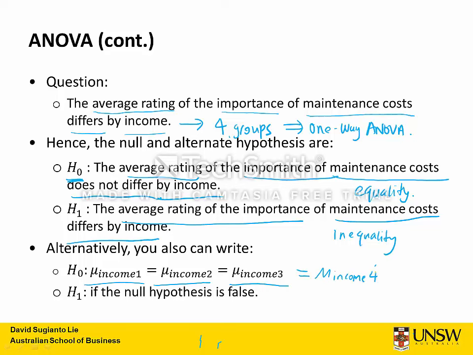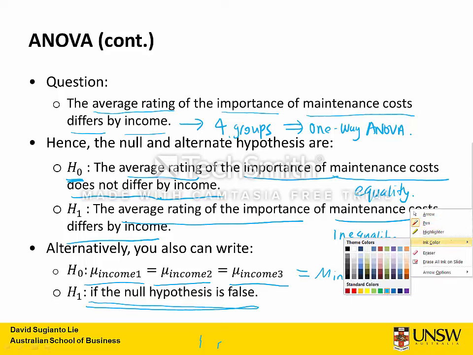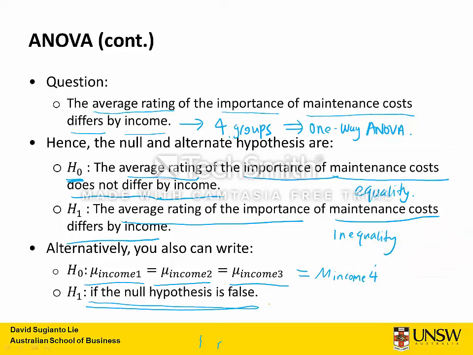For H1, you have to write the words: if the null hypothesis is false. You cannot write mu of income 1 is not equal to mu of income 2 is not equal to, and so on.